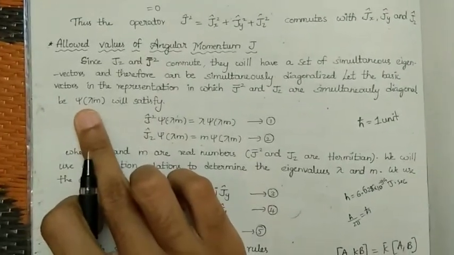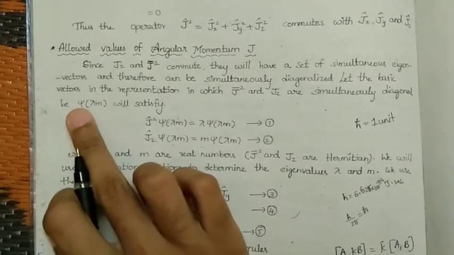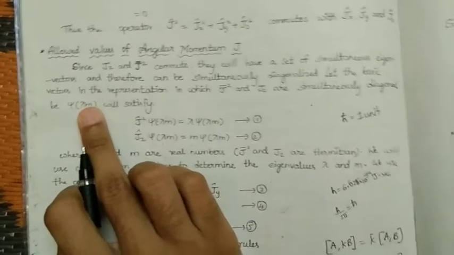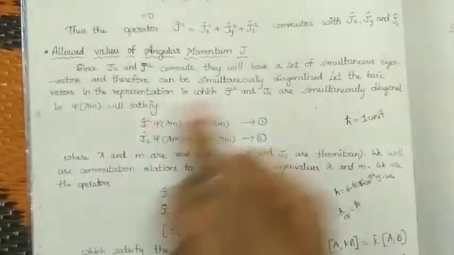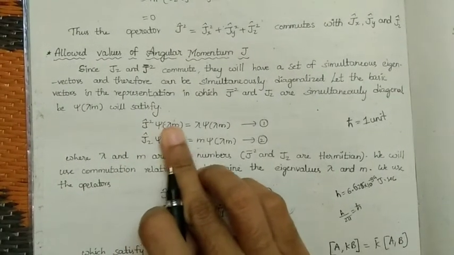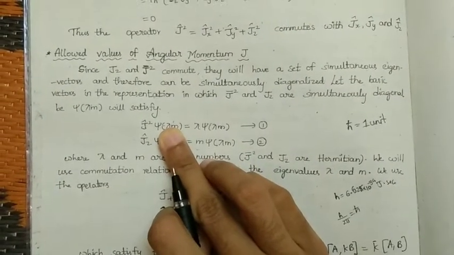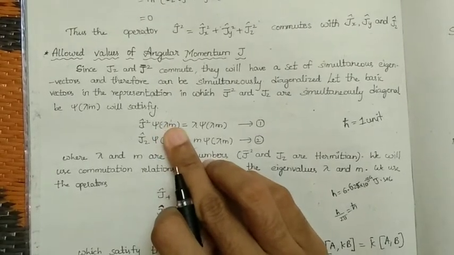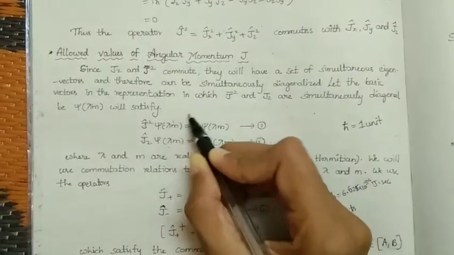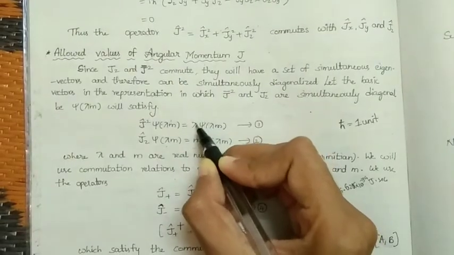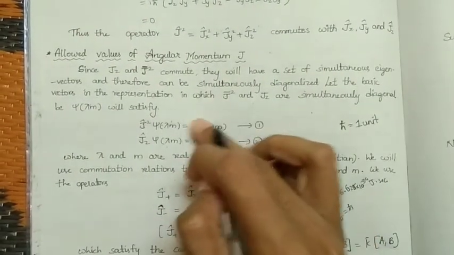So we are assuming it to be psi of lambda m, a function of lambda and m. When J square operates on that eigenfunction psi of lambda m, it gives the same eigenfunction multiplied by some constant, which is called the eigenvalue.